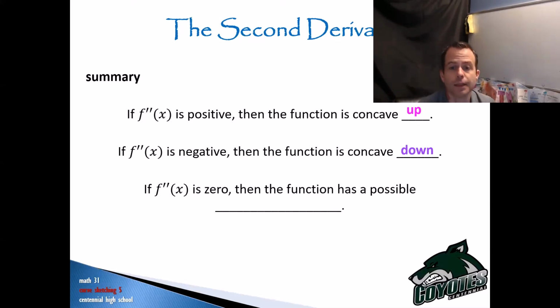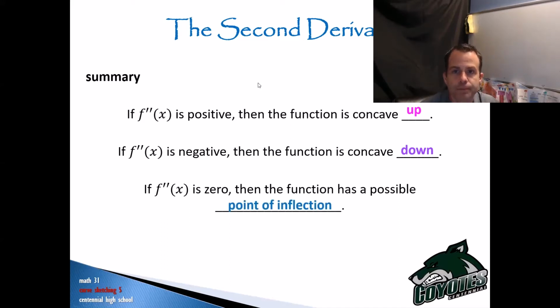And if the second derivative is 0, at that point I would have a possible point of inflection. To test whether it's actually a point of inflection, I have to change concavity, so I would check on the left and on the right and see if it changes from negative to positive or positive to negative.